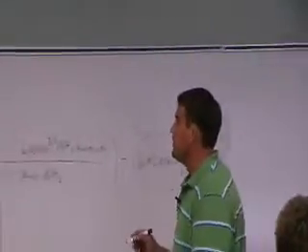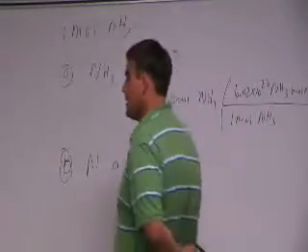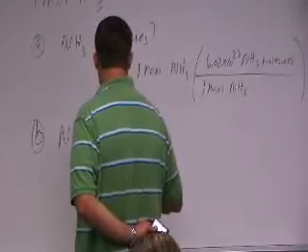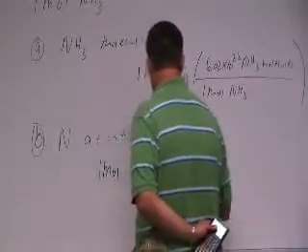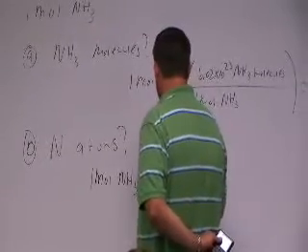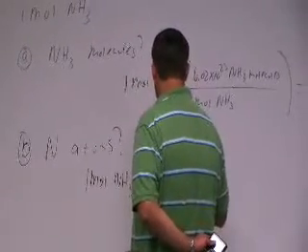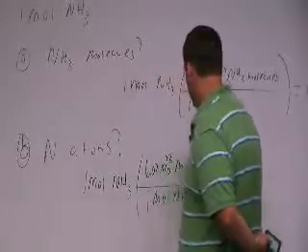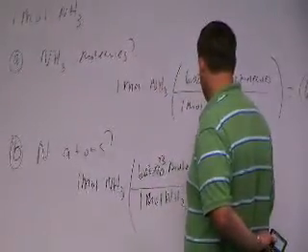Now, how about the number of hydrogen atoms? Well, I know that in 1 mole of NH3 there are 6.02 times 10 to the 23 molecules of NH3.